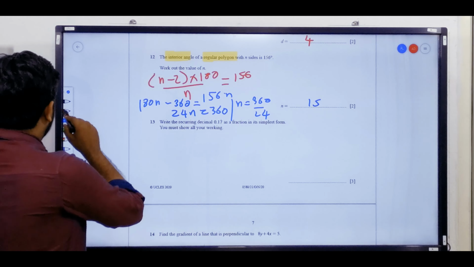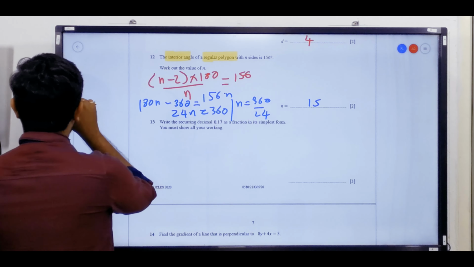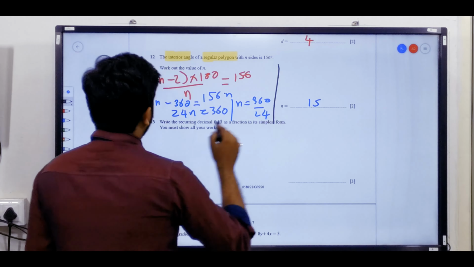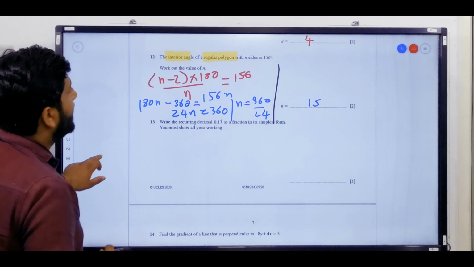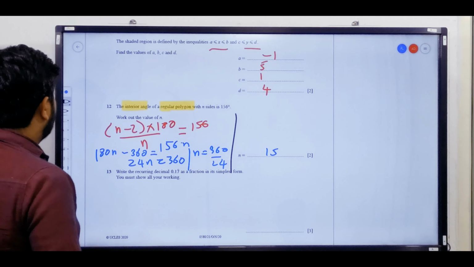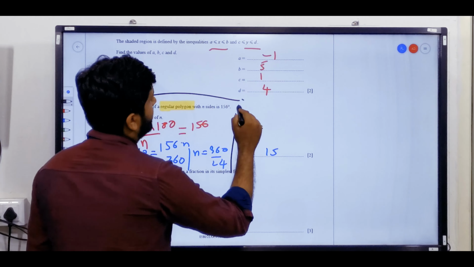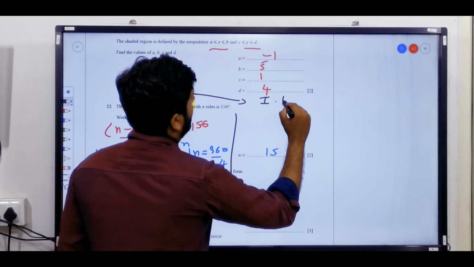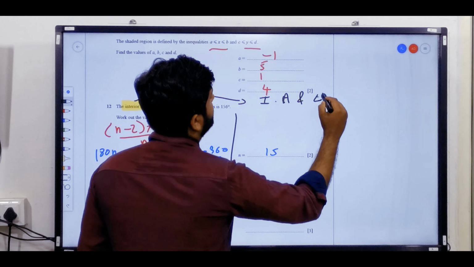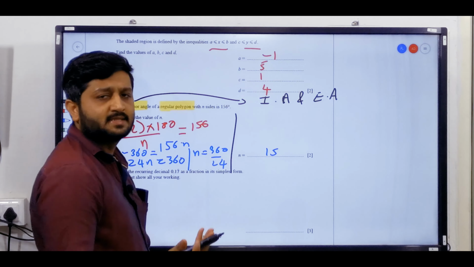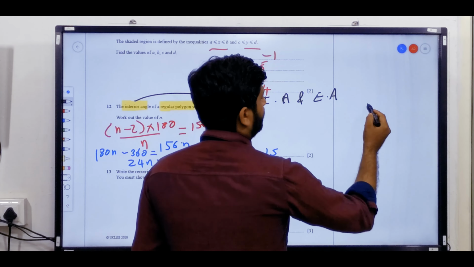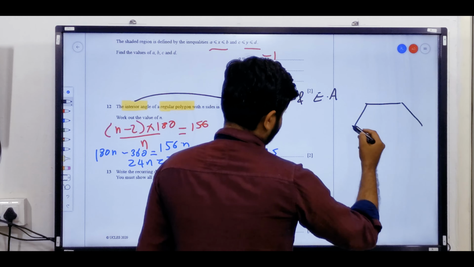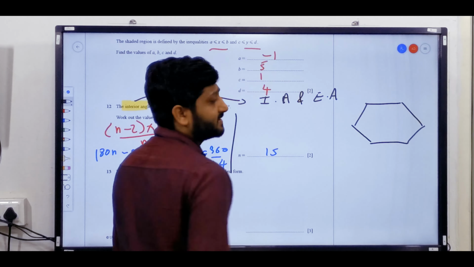Now what is the other way, sir? Let us also try to solve that using the other way. Another way is to establish a relation between the interior angle and the exterior angle. Now what is an exterior angle? Let me draw a polygon. Let's say this is a hexagon.